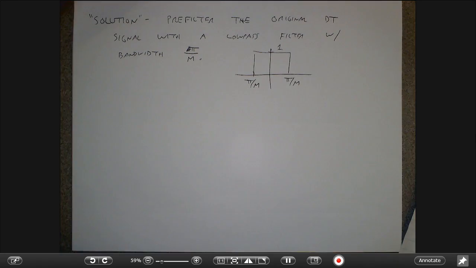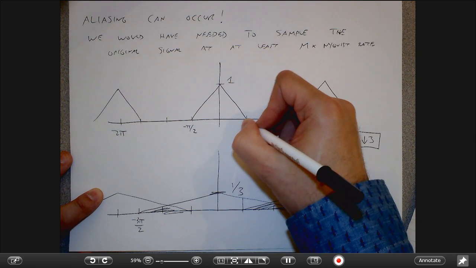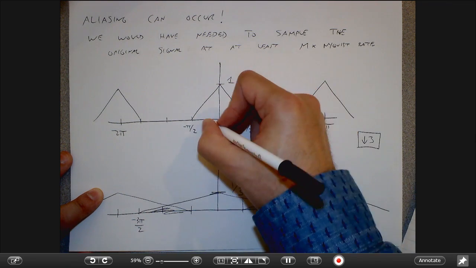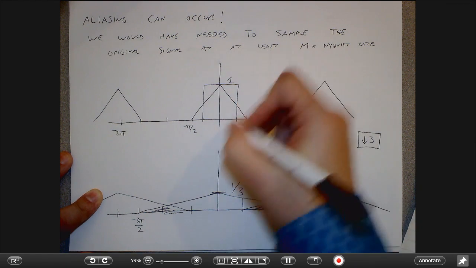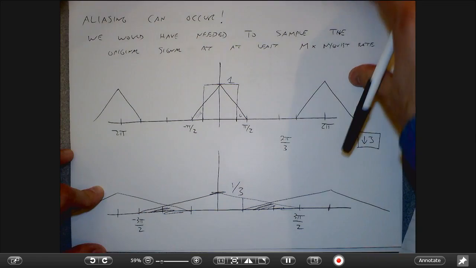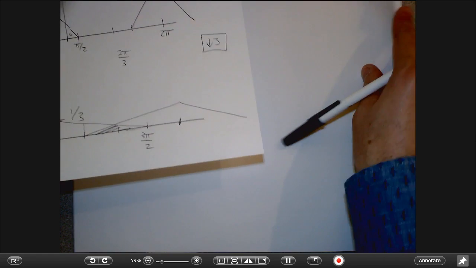What would happen if I did that here? That's like saying, where is pi over 3 going to be? It's going to be here. What I could do is apply a low-pass filter like this, cut out this junk here initially. So if I pre-filter the signal, what I'm going to get is something that looks like this.